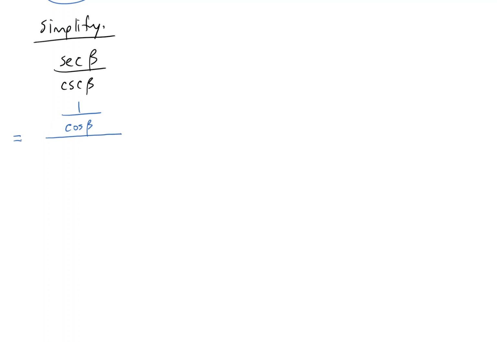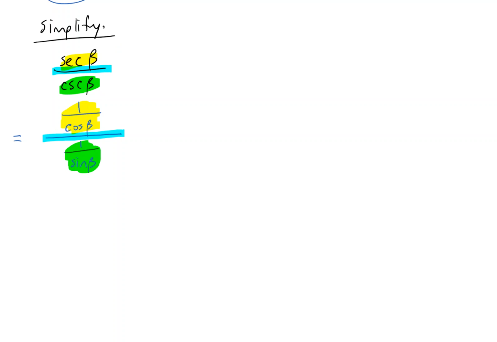Maybe I'll lower my equal sign there. So secant of beta is 1 over cosine of beta, and that's all divided by cosecant of beta, which is the same thing as 1 over sine of beta.